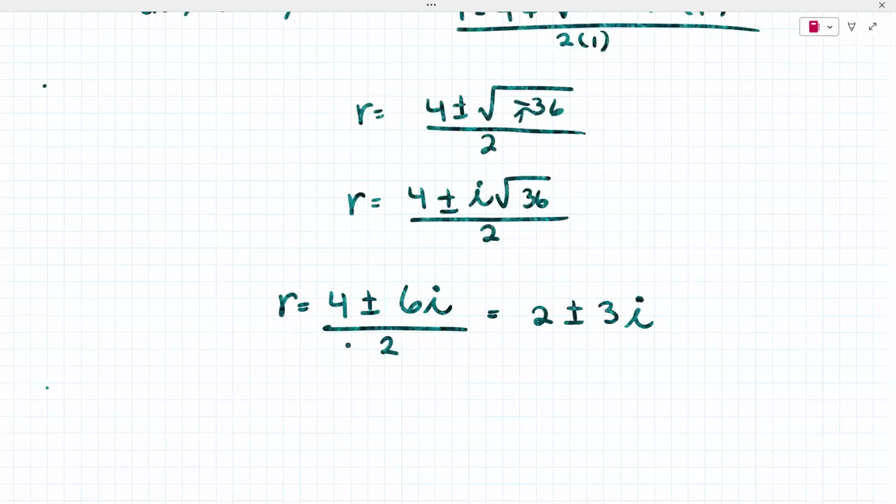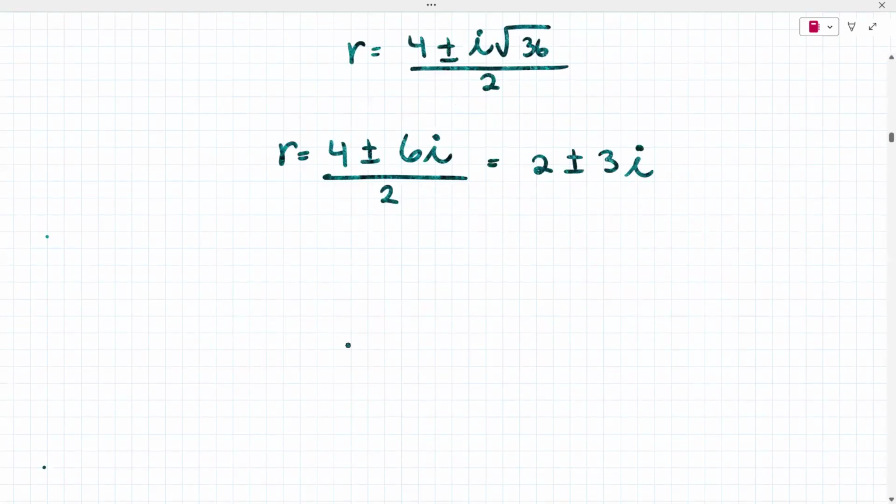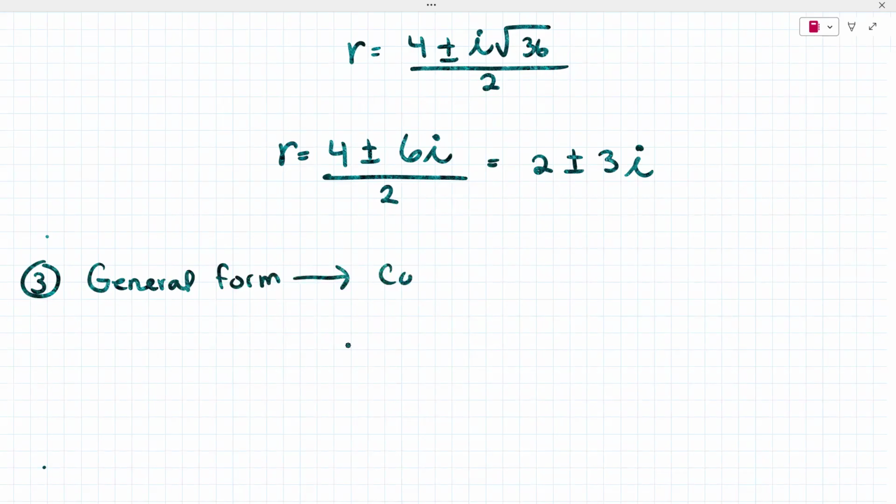Okay. Step 3, put it in the general form. We have a complex root, so we're going to use the complex general form.